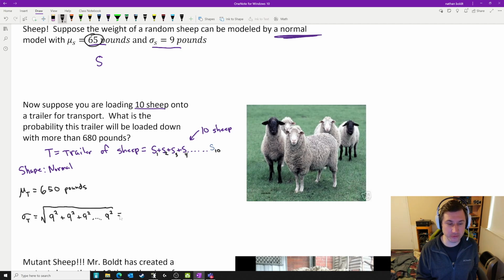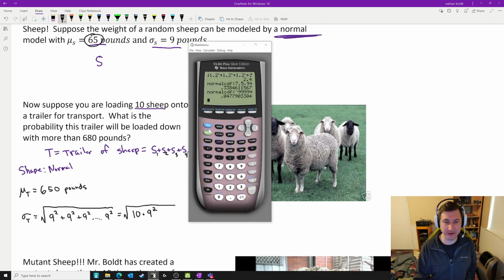Now, if you do want to type it into your calculator a little bit shorter, because you do actually have 10 of those, and that is just numbers, you can do 10 times 9 squared. You can simplify it in that mathematics a little bit for yourself. So let's find those. Square root of 10 times 9 squared, which is 28.46.